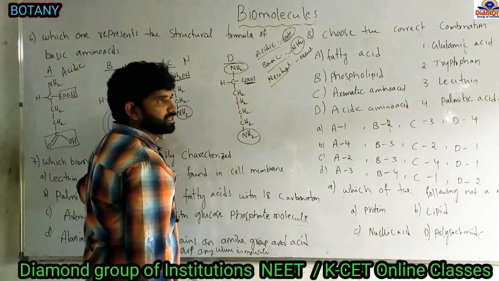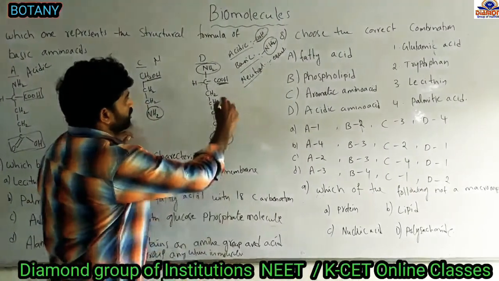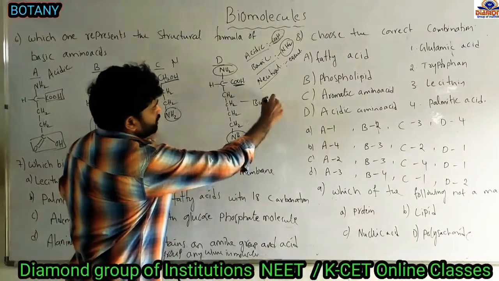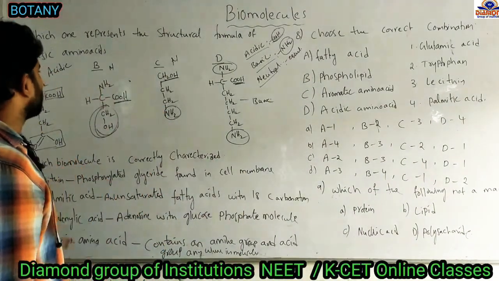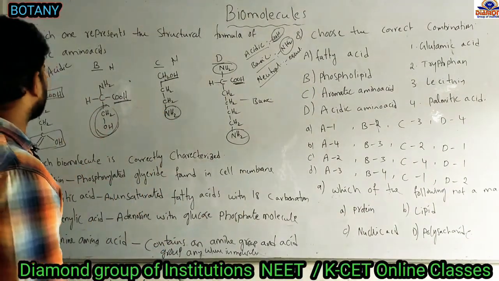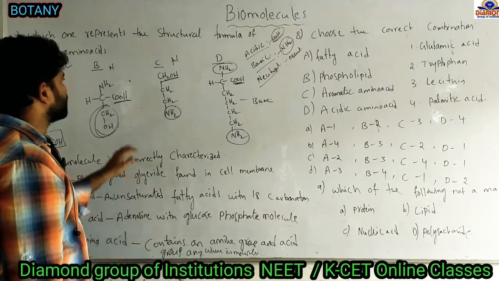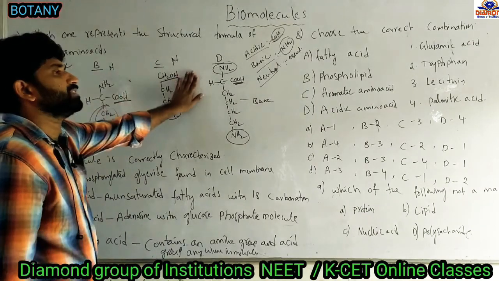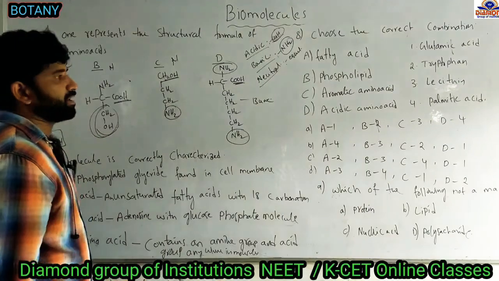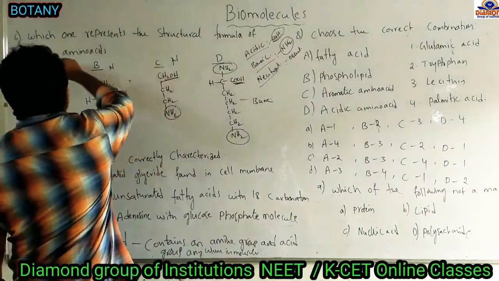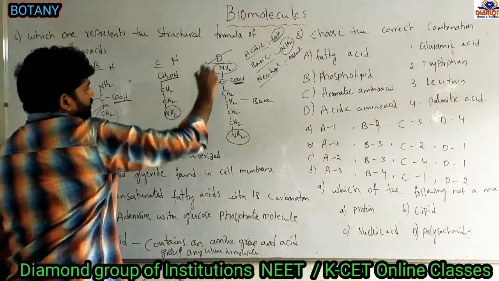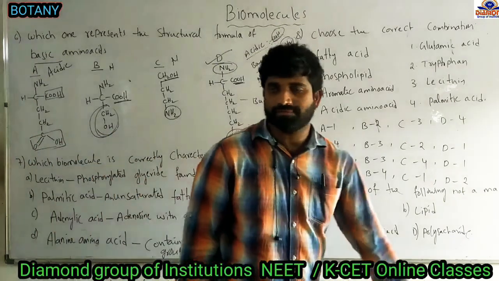Such amino acids are called basic amino acids. So out of the four options, A is acidic, B and C are neutral, and D is basic. The question asks us to identify the basic amino acid. The basic amino acid is D.